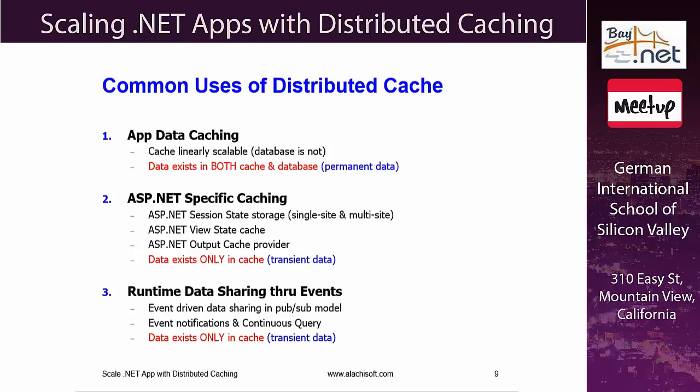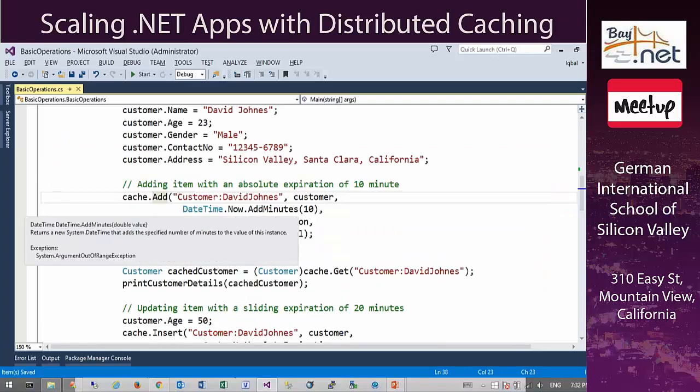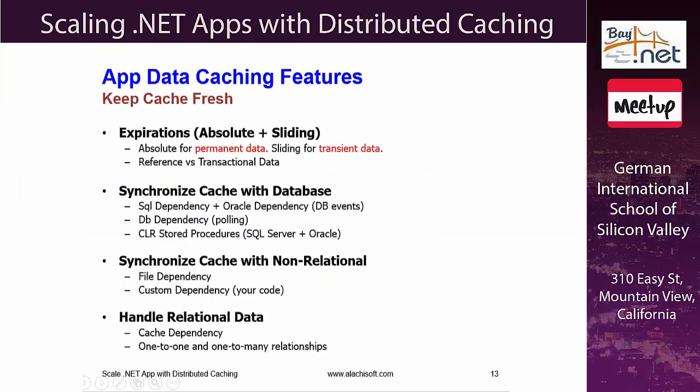The sliding expiration is more of a cleanup. Absolute expiration is more about keeping the data fresh or synced up. Sliding expiration is for cleanup. This is an important thing to keep in mind. That's why you want to use either this or this, but not both.